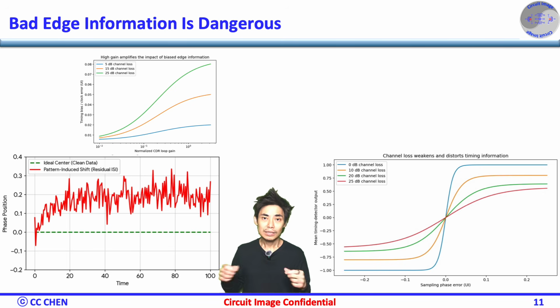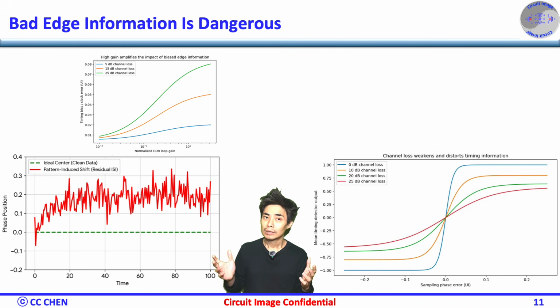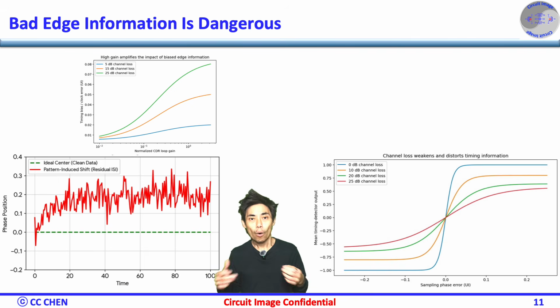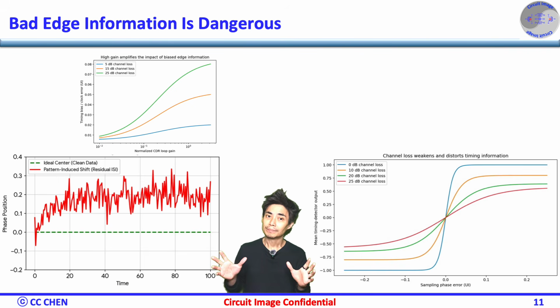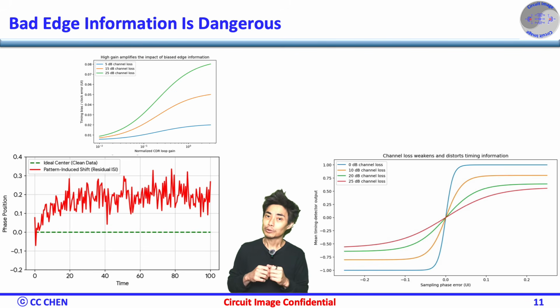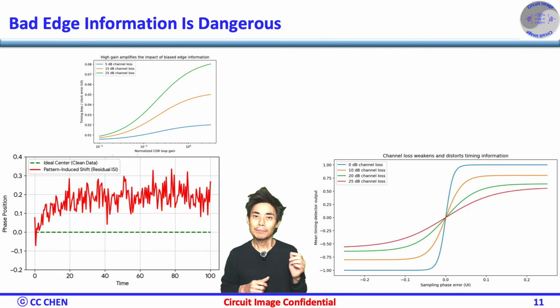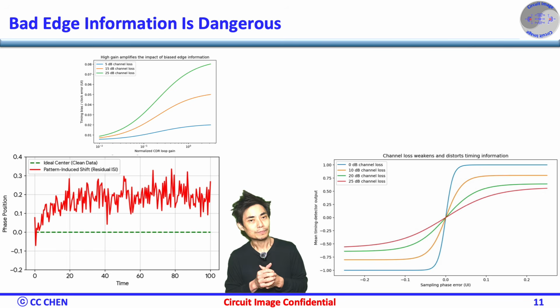If we increase CDR bandwidth in this situation, we are making the loop respond fast to bad edge information. That can make the recovered clock worse. That is why edge equalization, edge DFE, and careful timing detector design matter. A high bandwidth CDR is only good if the timing information is trustworthy. Bad timing information plus high loop gain is a dangerous combination.